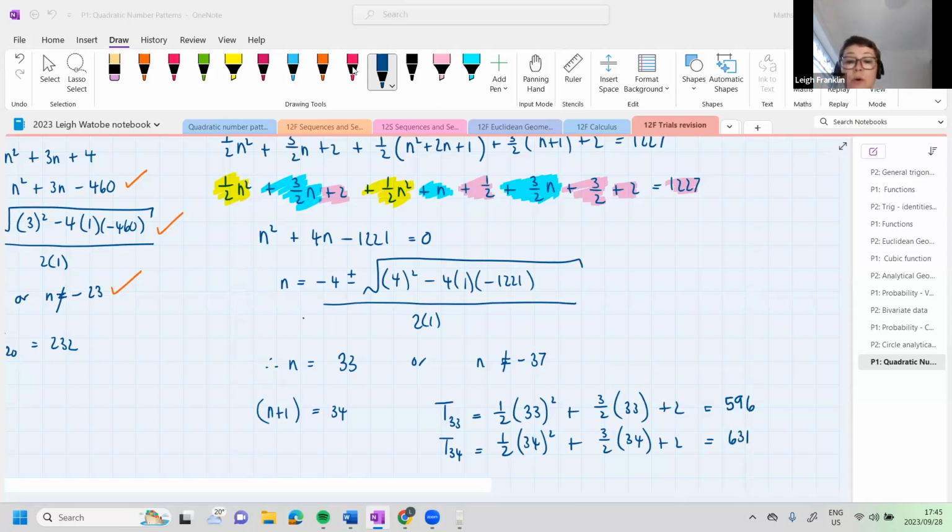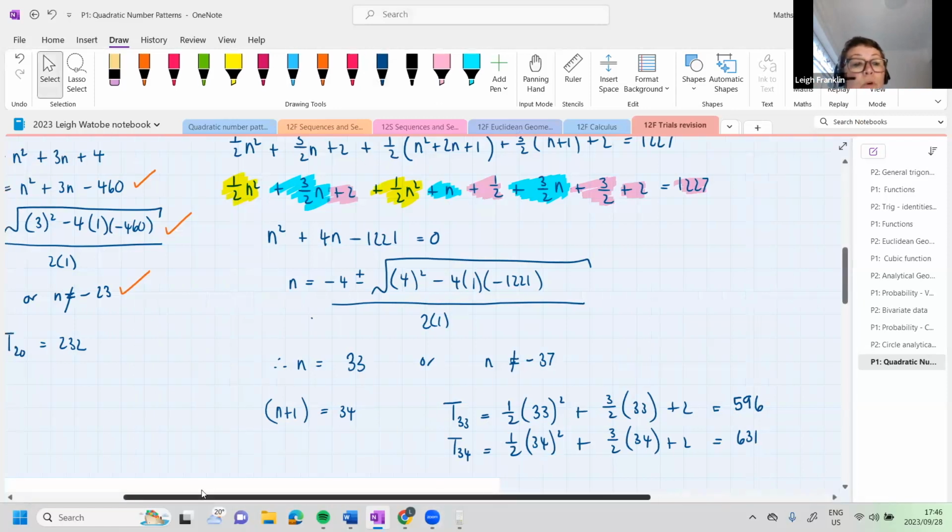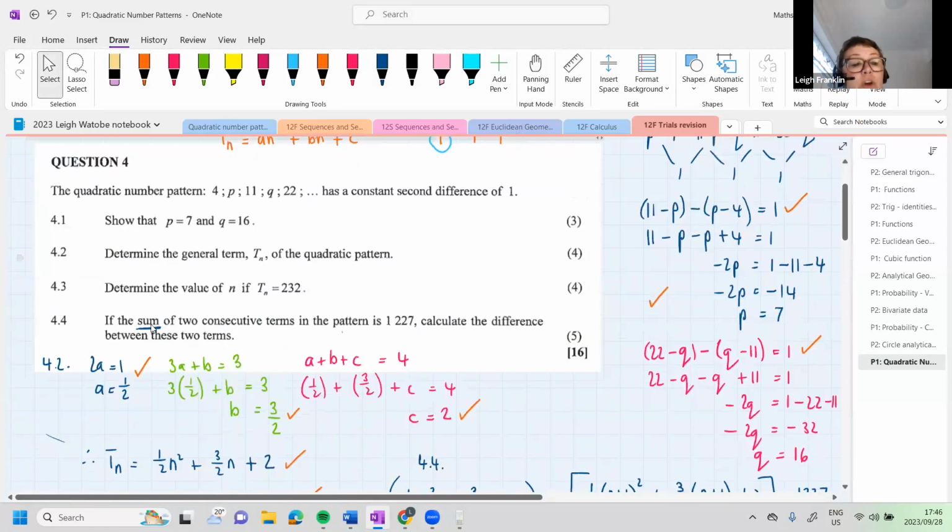Okay, and we can do a quick check here. If we add 596 to 631, we get 1,227. Okay, so we're feeling confident. And now they wanted us to find the difference between these two terms. If you recall, we go back to the question, they told us that the sum of these two consecutive terms was 1,227.